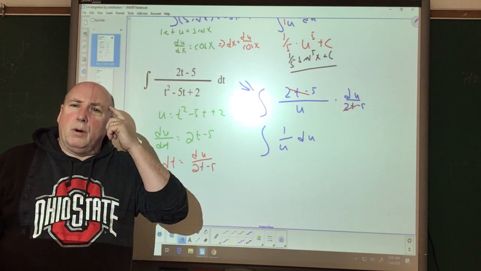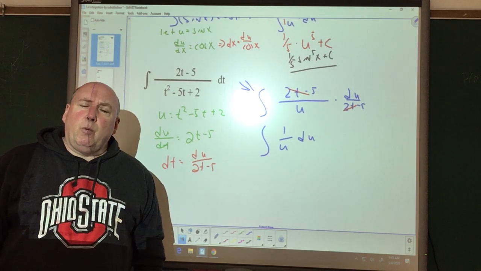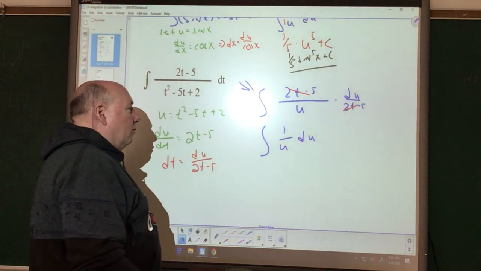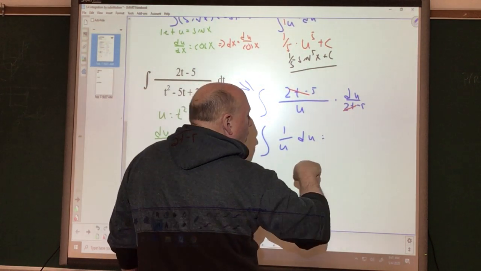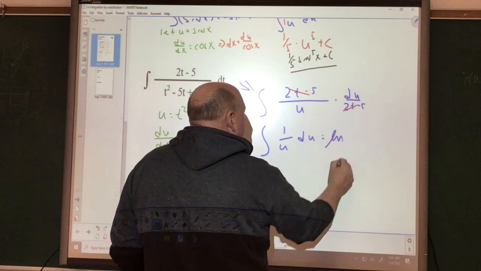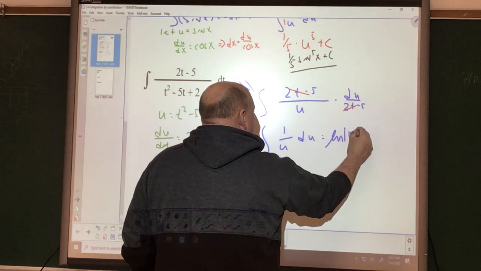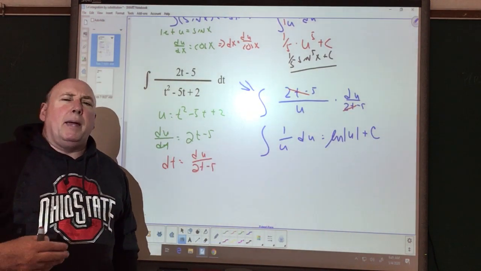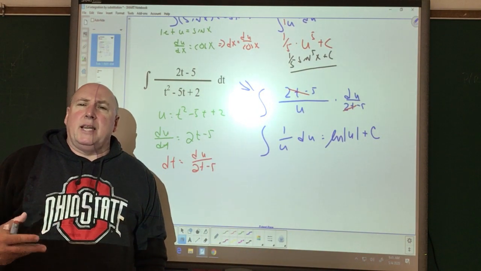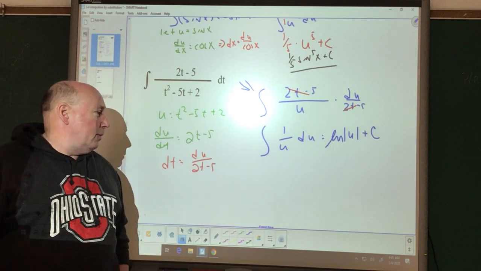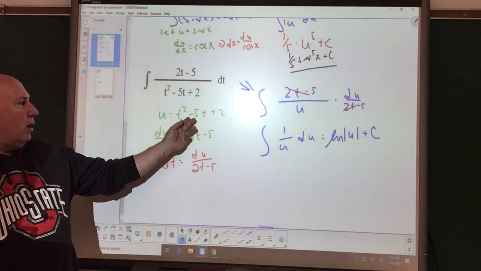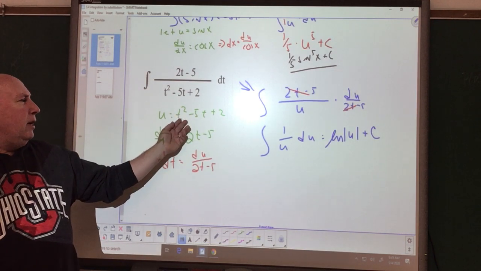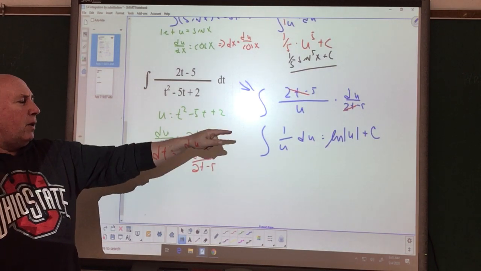Well, we have to remember the antiderivative of 1 over u. That's equal to the natural log. And I'm going to put an absolute value there because we need to make sure this natural log value stays positive, because I have t squared minus 5t plus 2. If I put a value in here that gives me a negative, I'm going to have a problem.